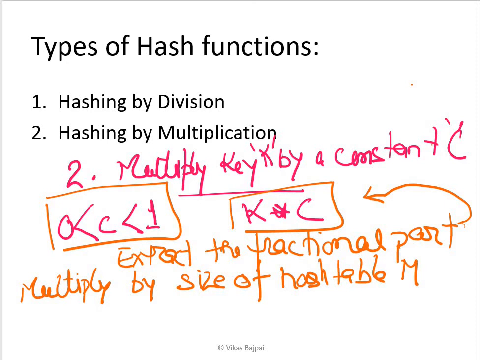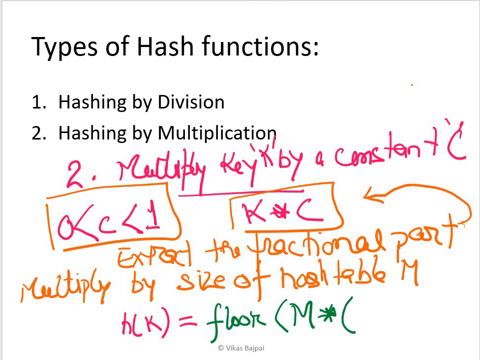So in this particular case, I can write my hash function as floor, capital M, I'll make it clear, capital M into k cross c mod 1, and that's how we calculate this.